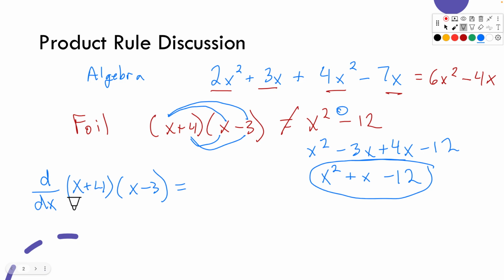Now with the sum rules, we just went term by term, but notice if we did that, let's take the derivative of this first part: the derivative of x would just be 1. Derivative of 4 is 0. Let's take the derivative of this part, so we're just taking the derivative of each of these, right? Derivative of x is 1. Derivative of 3 is 0. So does that mean that this derivative is just 2?